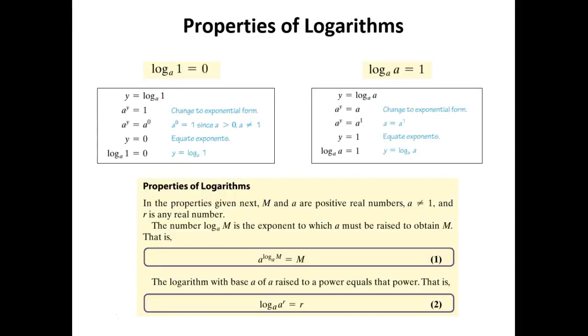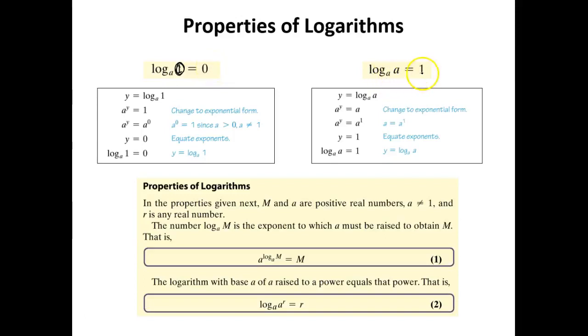Now some properties of logarithms, some things that really help us simplify stuff. And it might not look like it at first, but the more comfortable you get with these, the more you realize that this really does help us simplify. So one of the properties, log base a of 1 is always equal to 0. So anytime you see a 1 inside, you can always think it's going to equal 0.